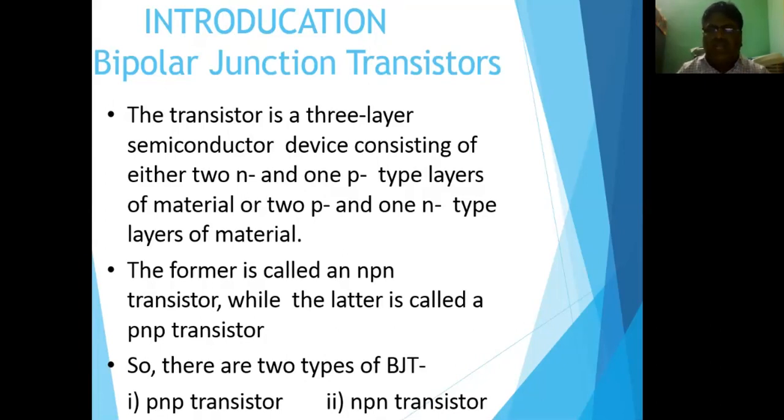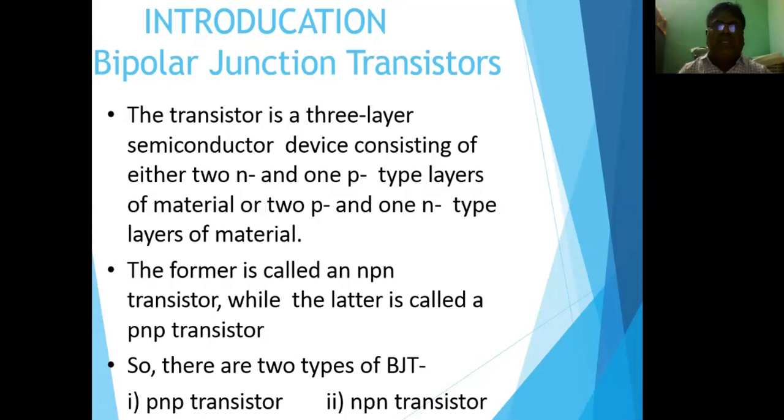Once you understand the diode, automatically you can understand the transistor. If you understand the transistor, automatically you can understand the FET also. Once you understand the working, characteristics and applications of these components, it is easy to use them in coming projects.